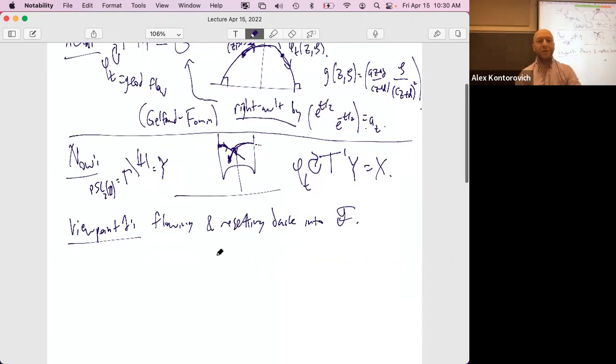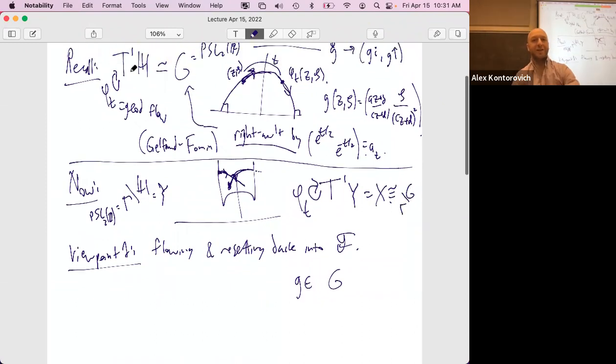Exactly. Viewpoint 2 is really what H mod gamma means: I want to study not G but its class. By the same token, we have an identification between the unit tangent bundle of the modular surface and just the quotient G mod gamma instead of H mod gamma.